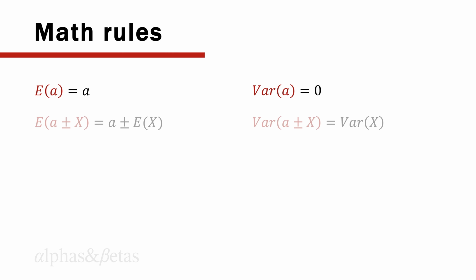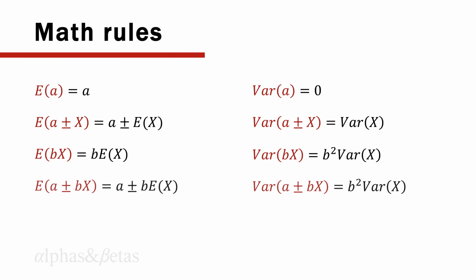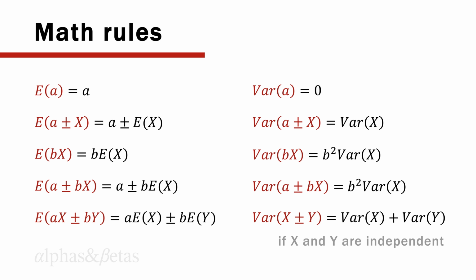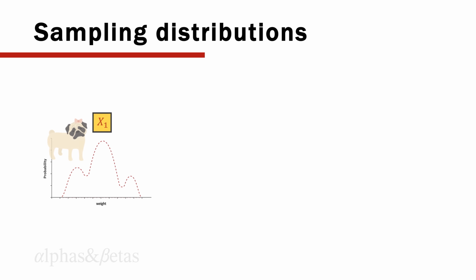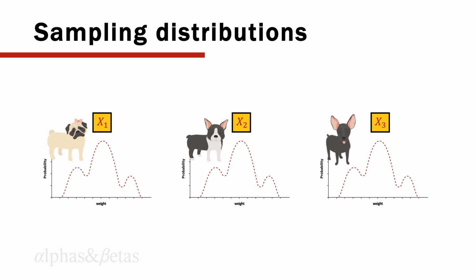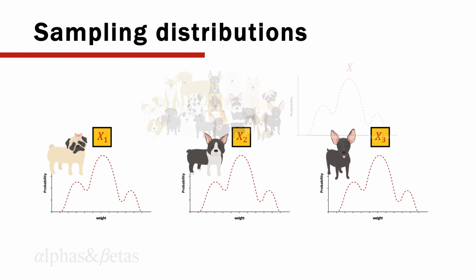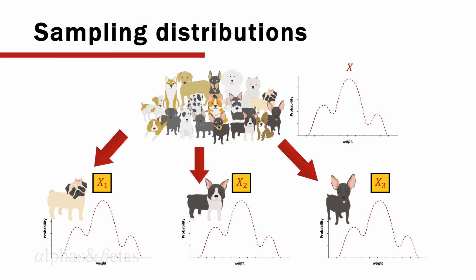So you can use the rules for calculating the expected value and variance of linear combinations of random variables. Each random variable has the same probability distribution, and they're all identical to the population probability distribution. It's as if the xi's are independent copies of the same master distribution, x.